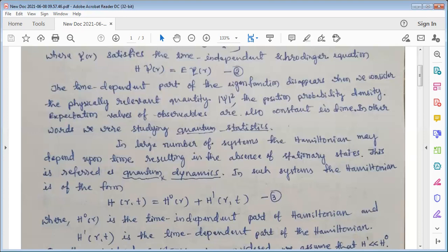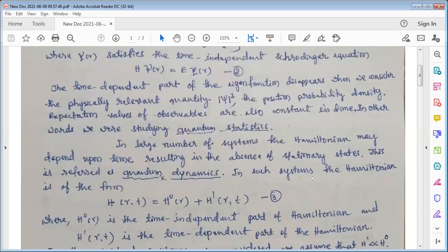But when the Hamiltonian becomes dependent on time, then the stationary states will disappear. This is referred to as quantum dynamics. That means you are studying the dynamics of the system. So dynamics means the properties of a system are changing with respect to time.